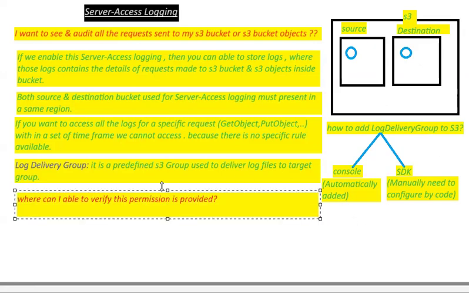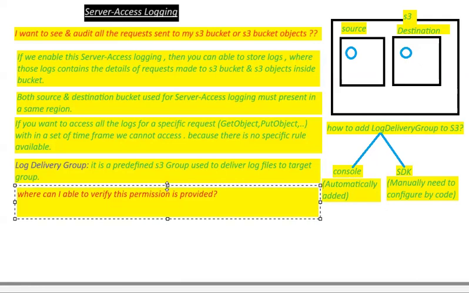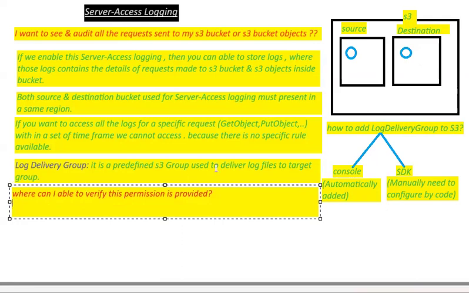Now let's say I enabled server access logging and I provided the Log Delivery Group permissions to S3. Now where can I check that this Log Delivery Group permission is added to my destination bucket or not?